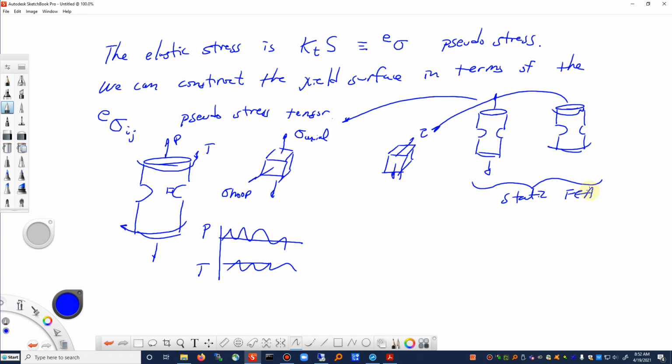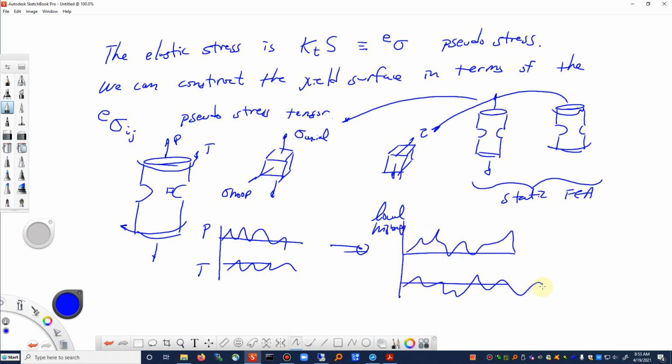Those influence coefficients times the load history will give me my local elastic stress history. If everything is completely linear elastic, this is a very common way to do this in finite element analysis.